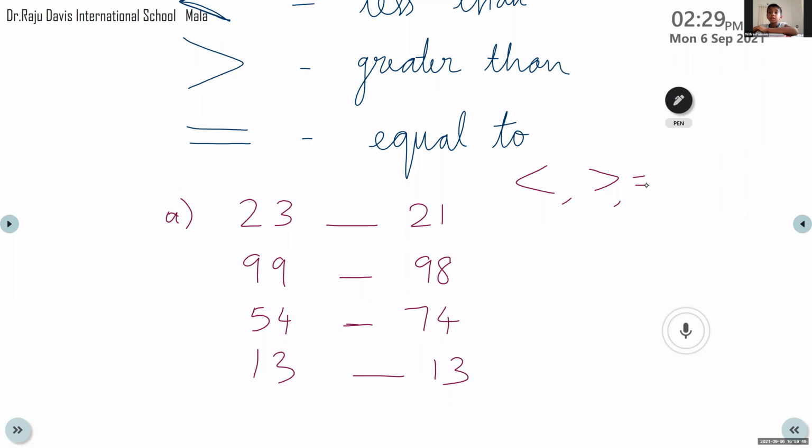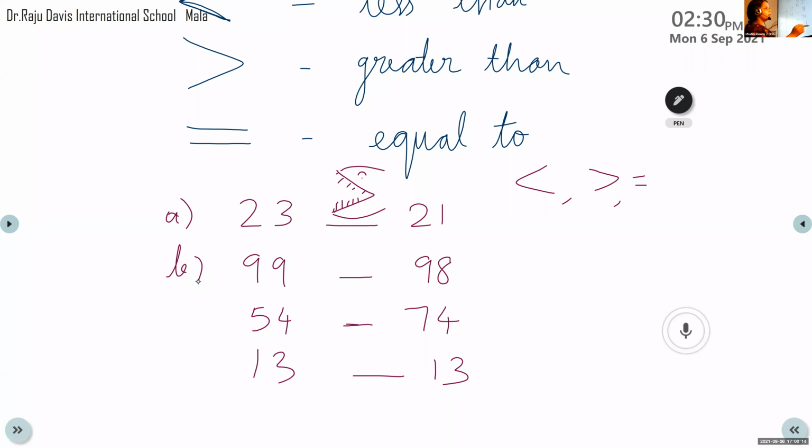So the mouth will be open to the greater number. The crocodile's mouth will be open at the largest number. Now let us move to the next number.